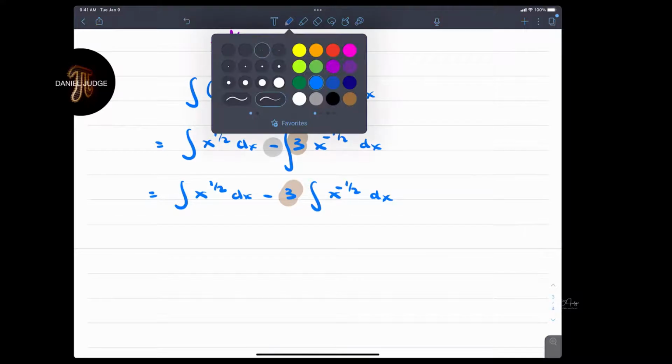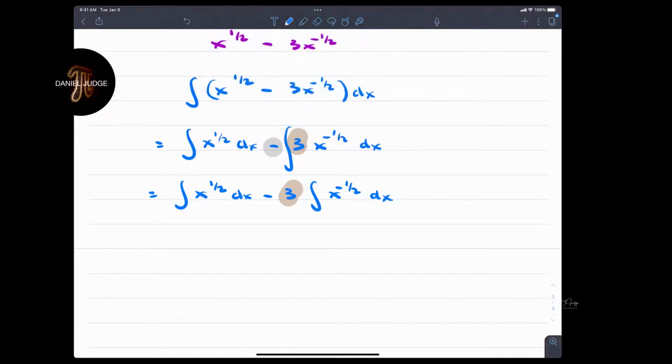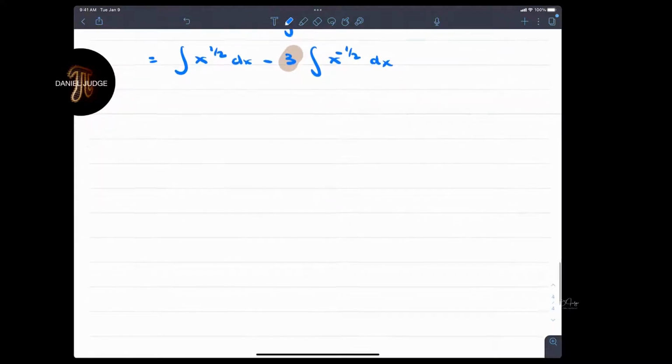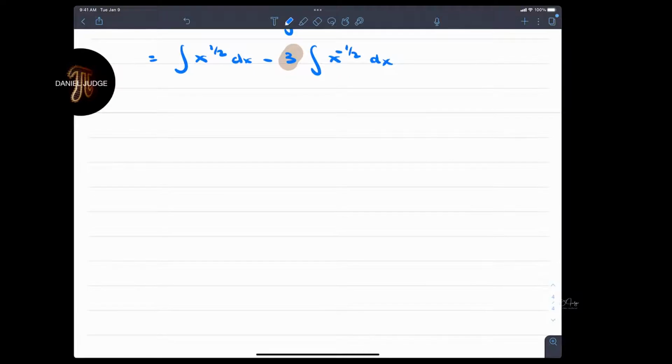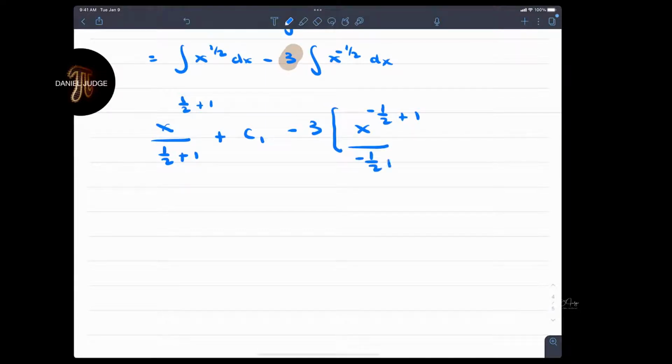So, power rule now. x to the 1/2 plus 1 over 1/2 plus 1 plus a C1, minus 3. Here's every detail. x to the negative 1/2 plus 1 over negative 1/2 plus 1 plus another constant, because you have two integrals.